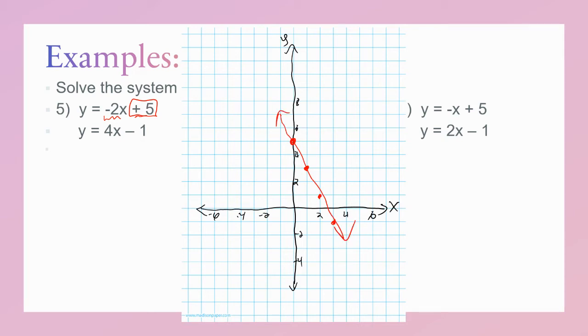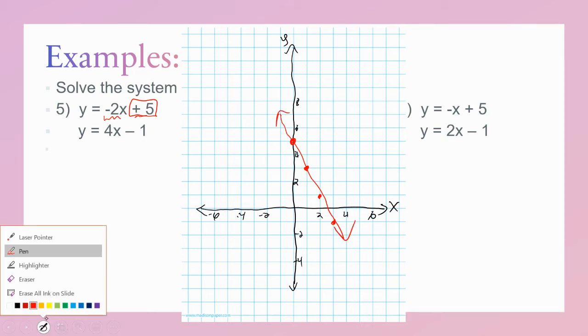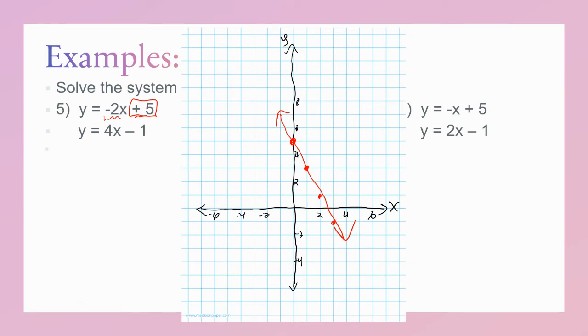So there's my first line. If I take a look at the second line, my negative 1 is my y-intercept, and 4 is my slope. So I plot negative 1. That's 4 over 1. So we're going up 4, right 1. Up 4, right 1.